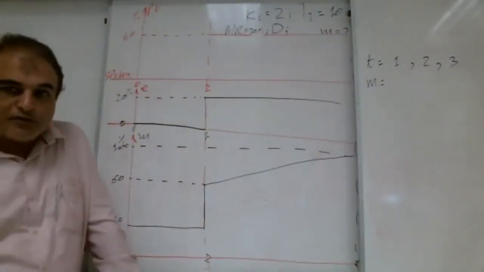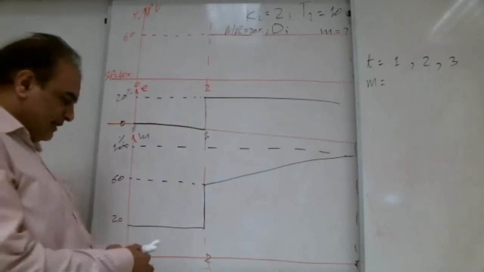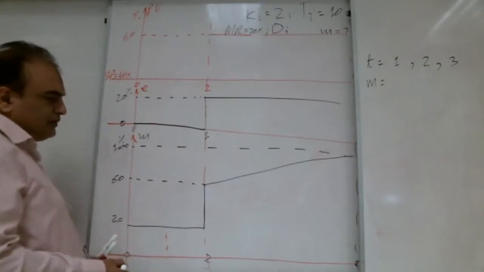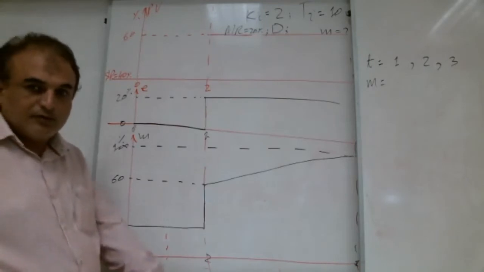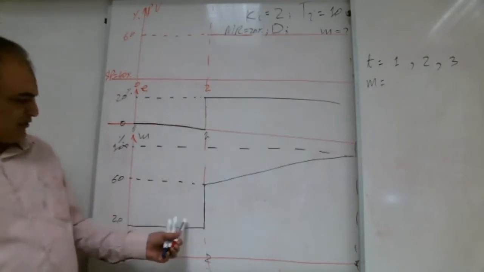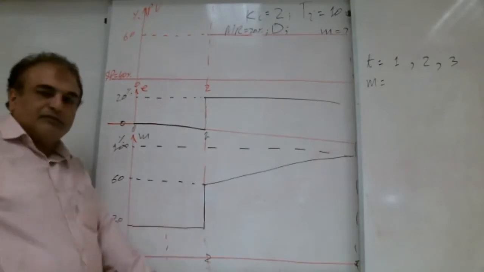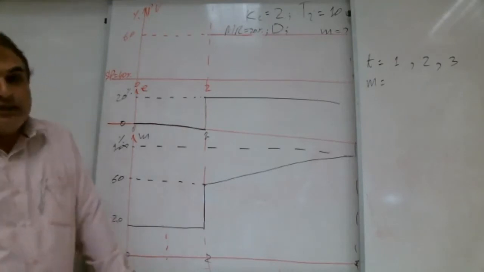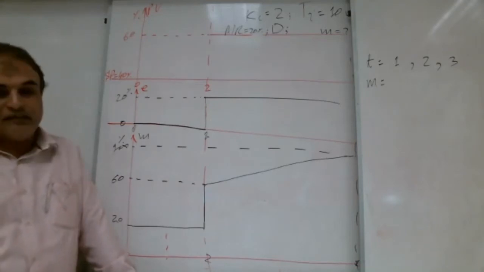20. That's good. So 1 minute means somewhere here. So it is 20. What is the output at 2? 50. I am saying no, it is 20, and also it's 60. You need to tell that from 20 it is increasing towards 40 to 60.